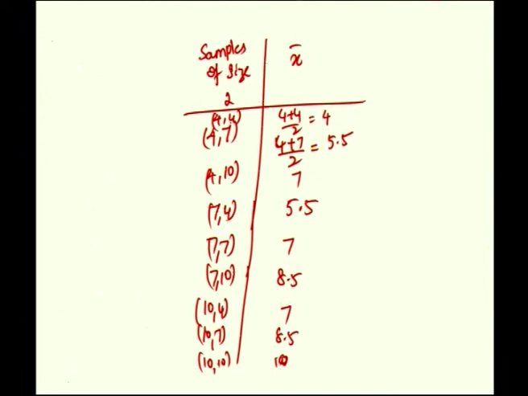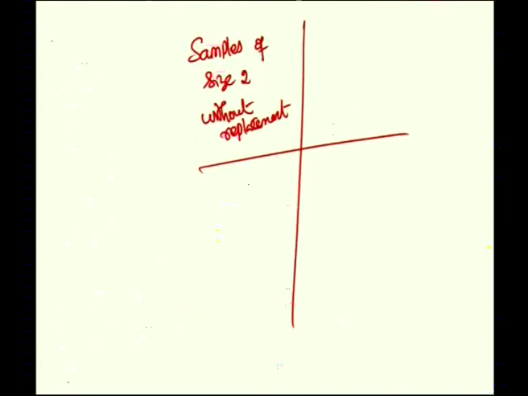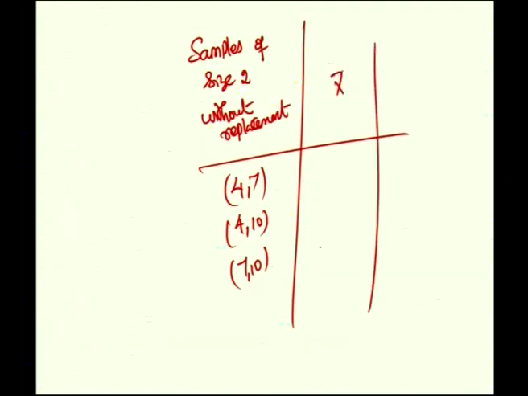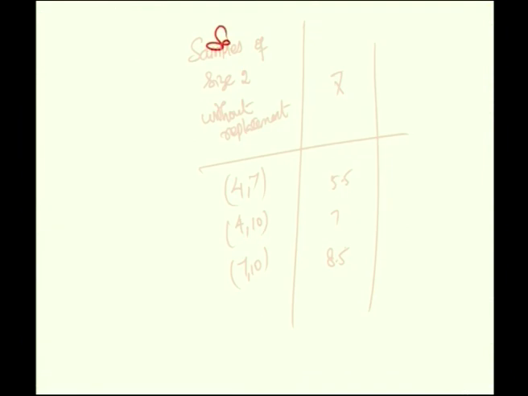So, 4, 7 and 4, 10 are the samples of size 2. Then with respect to 7, we have only 7, 10. And what are the corresponding x bar values? For 4, 7 it is 5.5, for 4, 10 it is 7 and for 7, 10 it is 8.5. Now the sampling distribution of x bar without replacement.